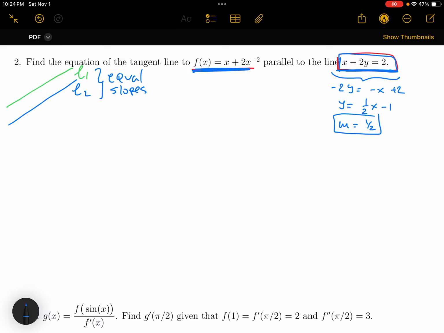Since, one more time, the tangent line to this function is parallel to this line, that means that the slope of the tangent line is going to be equal to the slope of this line, which means that the slope of this tangent line is going to be equal to 1/2. But the slope of the tangent line is given as f prime of x is equal to 1/2. And that's what we are going to use.